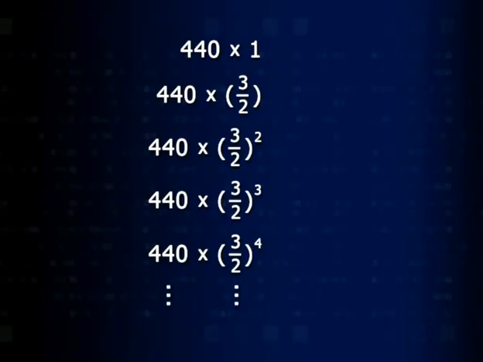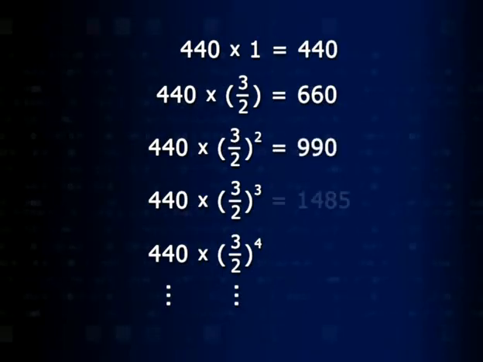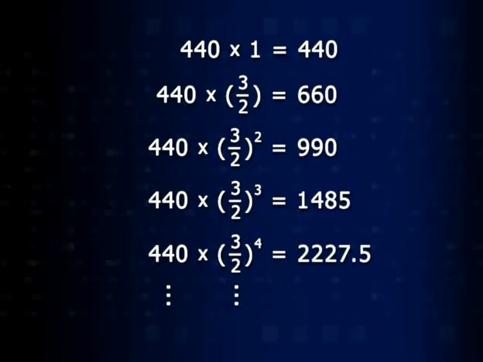That would be the geometric progression we would produce. In other words, we'd see the numbers 440, 660, 990, 1485, 2227.5, and so on.